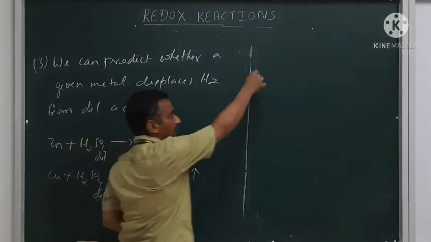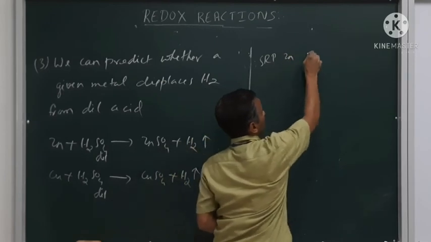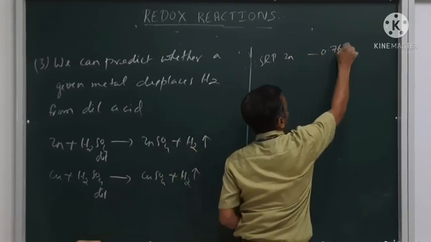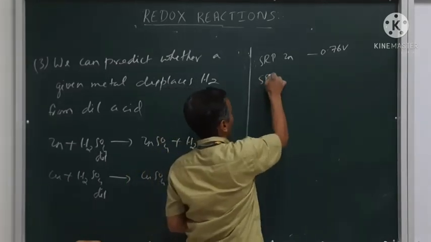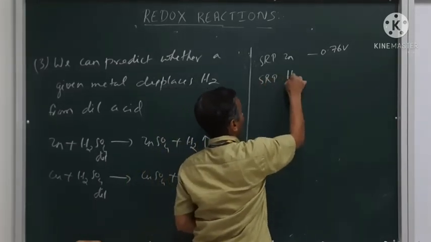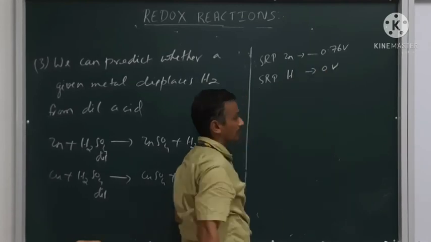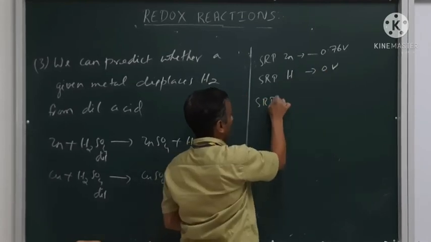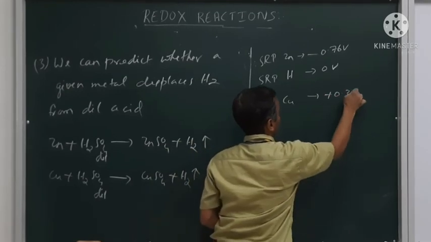See, the SRP value of zinc is minus 0.76 volt. The SRP value of hydrogen is 0 volt. The SRP value of copper is plus 0.34 volt.